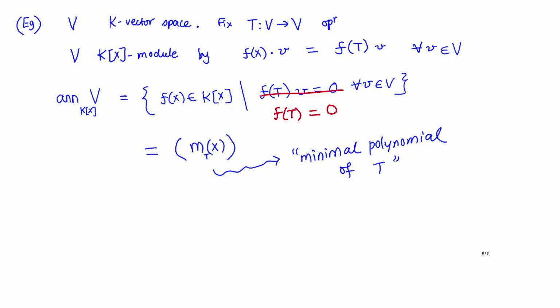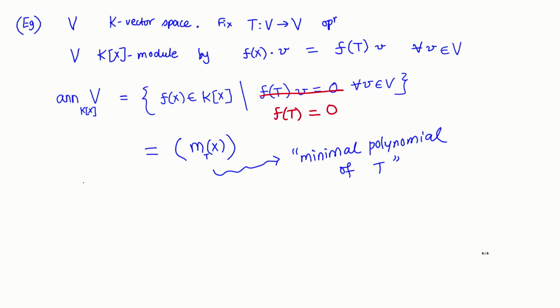It's the smallest degree monic polynomial. You can also normalize it to have leading coefficient 1. So the smallest degree monic polynomial which annihilates the operator T, that's exactly the minimal polynomial. So that's the annihilator of V thought of as a k[x] module.